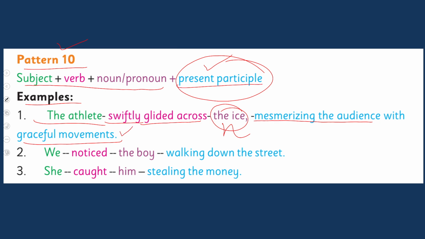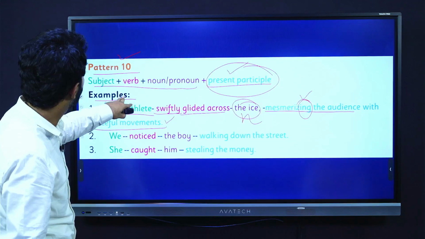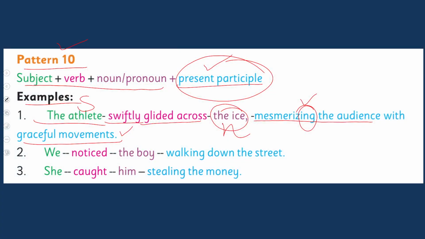In a present participle we use ing with the verb and then the complement or the rest of the sentence. The athlete is our subject. The verb is swiftly glided across, because here we have the verb glide.